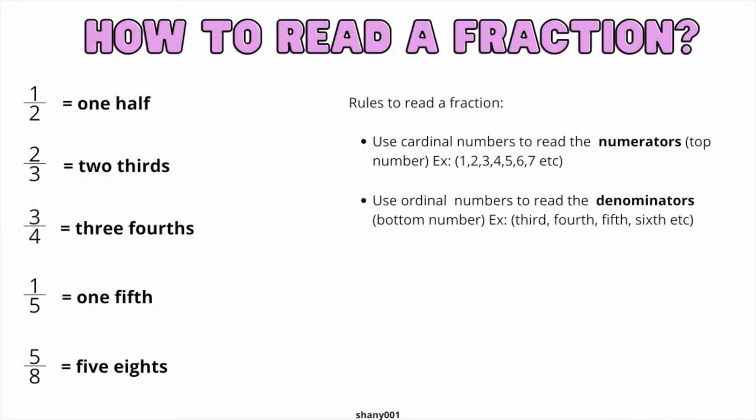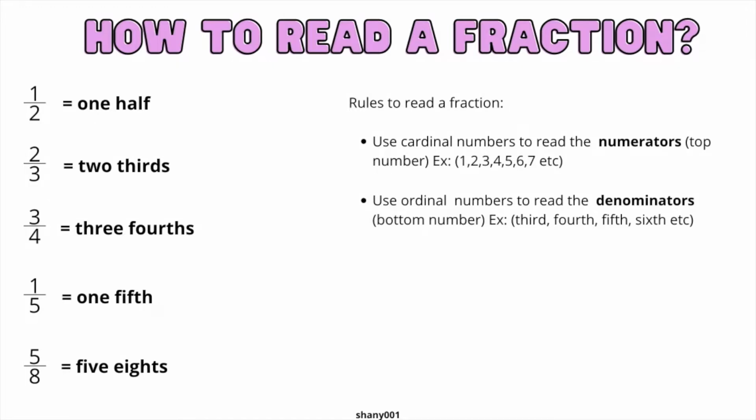How to read a fraction. The rules to read a fraction. Use cardinal numbers to read the numerators, the top number. Examples are 1, 2, 3, 4, 5, 6, 7, etc. Use ordinal numbers to read the denominators, which is the bottom number.